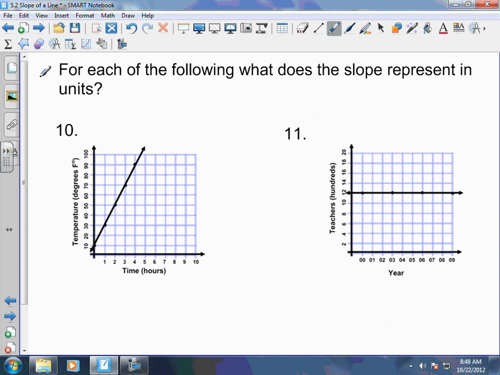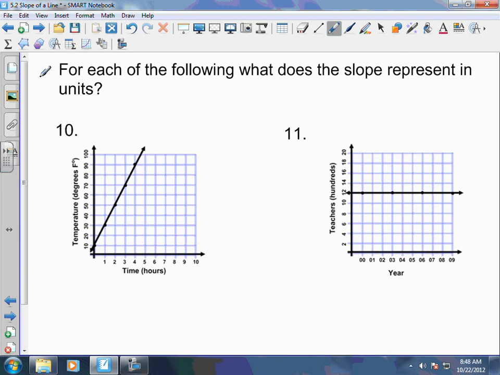Okay, now we're just going to describe what's going on. So, what's going on in that first graph, guys? It is positive, but you need to tell me what's going on with the slope in relation to the units.